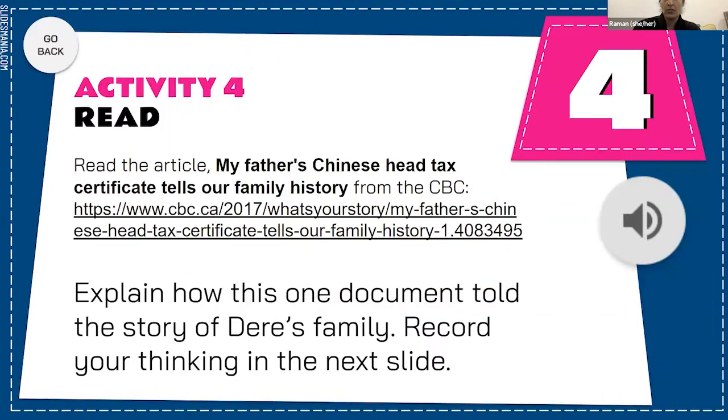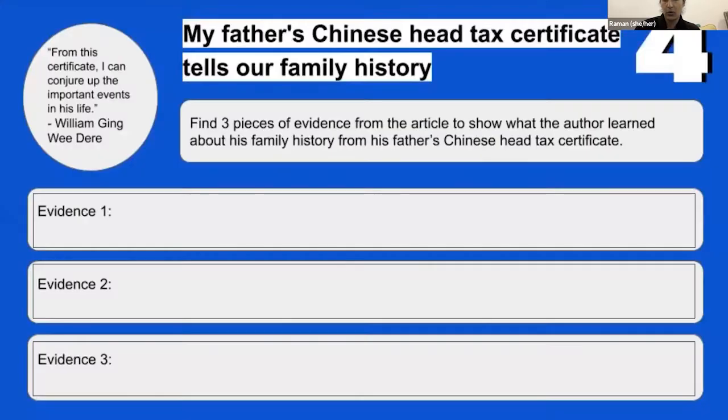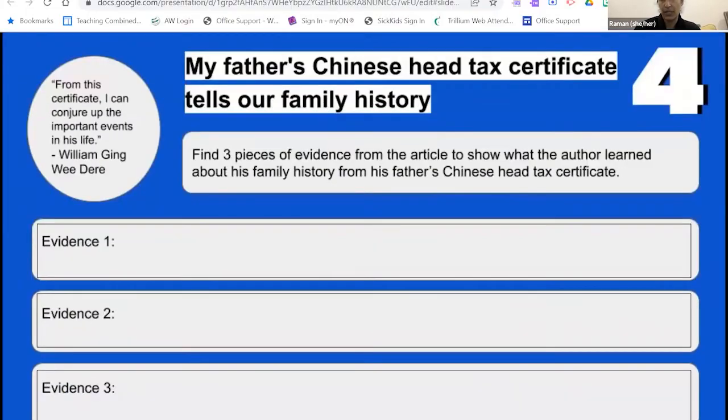Students could also read an article about the head tax, explaining how that one document told the story of that particular family, and then they record their thinking on their next slide. So there's a variety of primary sources and ways that they're being used, not just photographs, but also having students looking for and finding their own primary sources in their family.